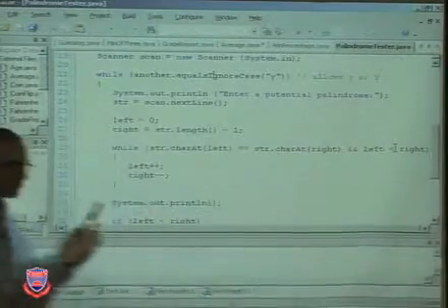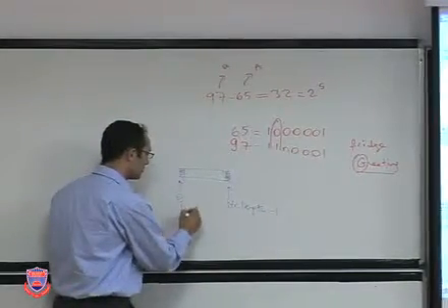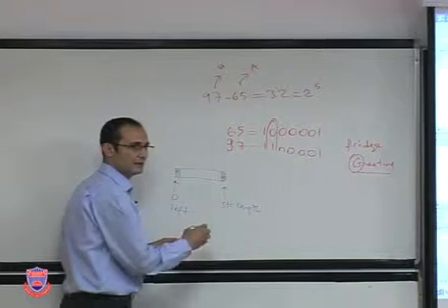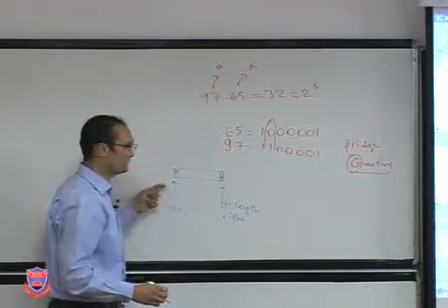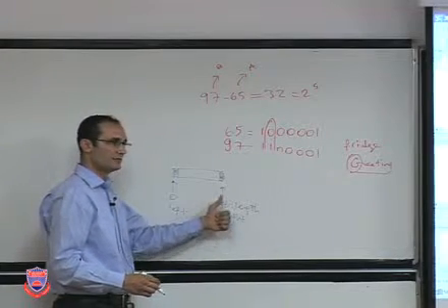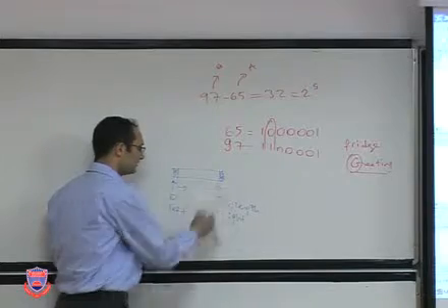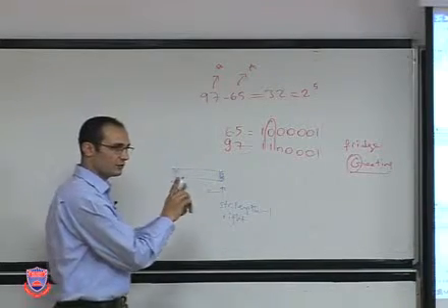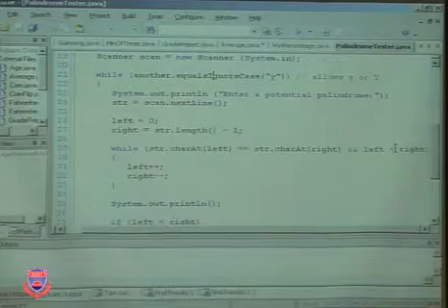So I'm going in both directions. My left is pointing to 0 initially, and then my right is pointing to this one. So I will increment left by 1 and right will be decremented by 1. So this one will go towards right and this one will go towards left. So they are going to at some point meet. So this is what it is checking.